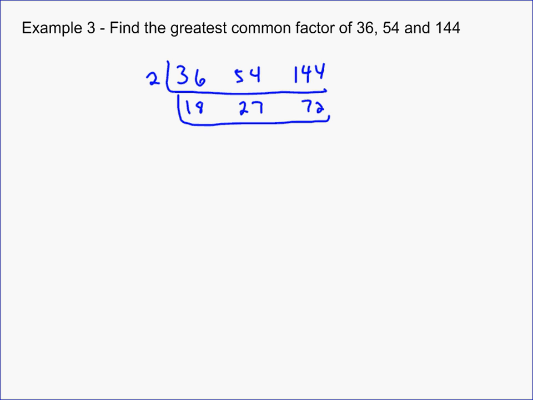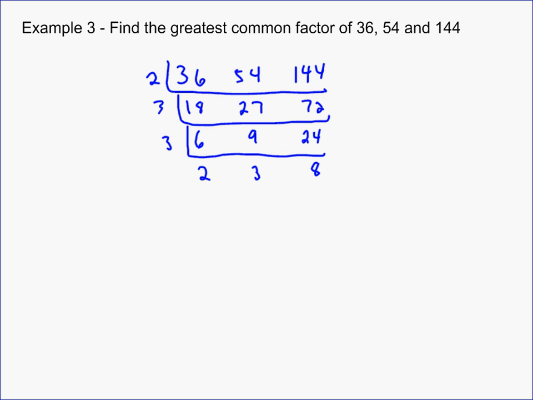Well, 2 doesn't go into all three of the remaining ones because 2 doesn't go into 27, so then we move to 3. Does 3 go into all of those? Well, the answer is yes. Those are all pretty common numbers. You may not know 3 goes into 72. You may have to do that on the side, but it does, 24 times. Then I look down at the next set, 6, 9, and 24. 3 goes into all three of those, leaving 2, 3, and 8.